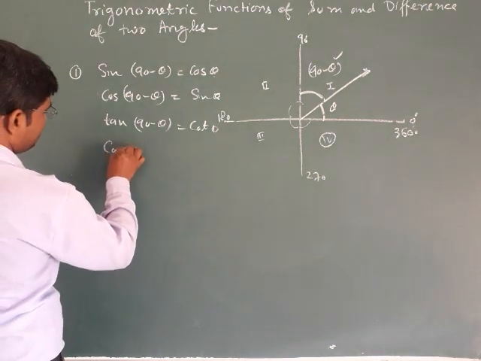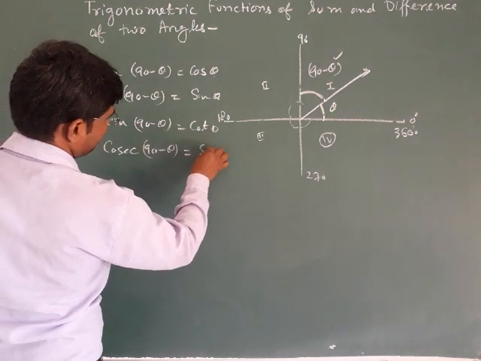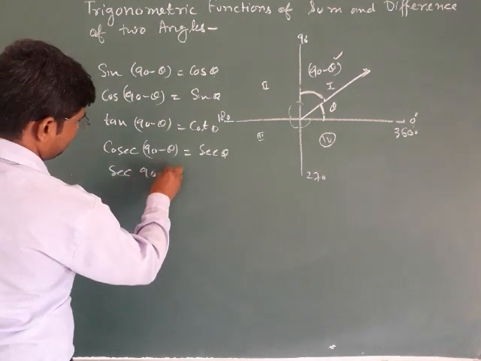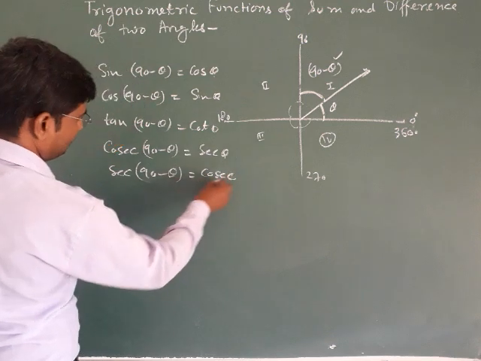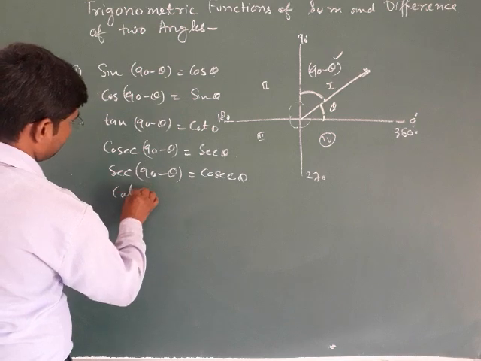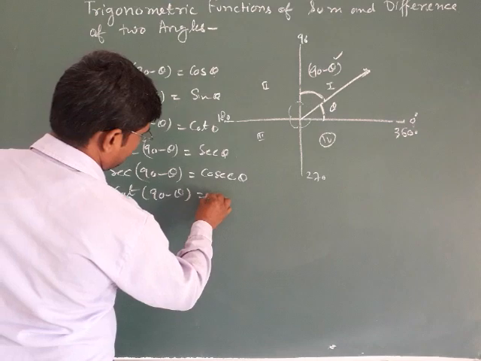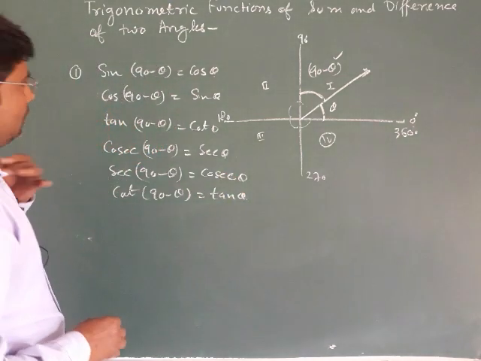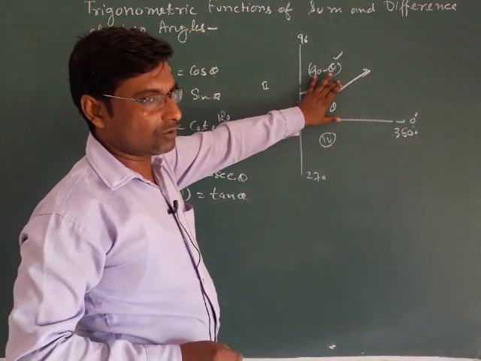Cosec of 90 minus theta is sec theta. Sec of 90 minus theta is cosec theta. And cot of 90 minus theta is tan theta. These values lie in the first quadrant.